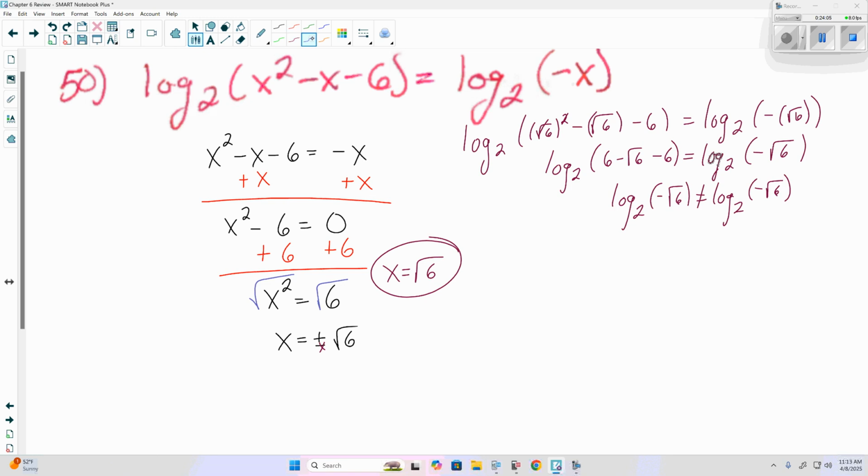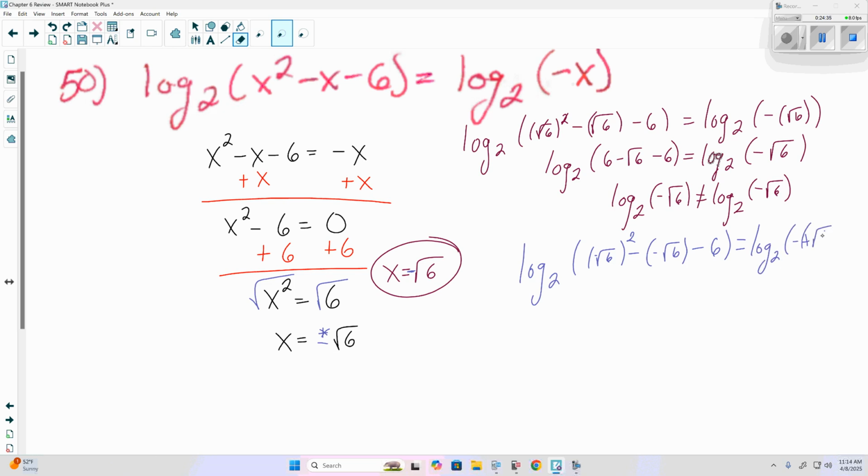Because we could do the same thing with positive square root of 6, log base 2 of square root of 6, or negative square root of 6, sorry, not the positive. The negative is the one that works, because when we do the negative square root of 6, on the right-hand side, the negative and negative make a positive.